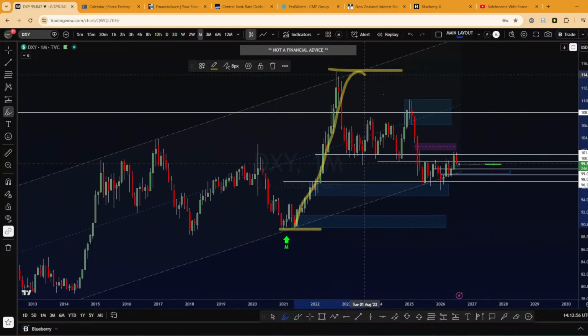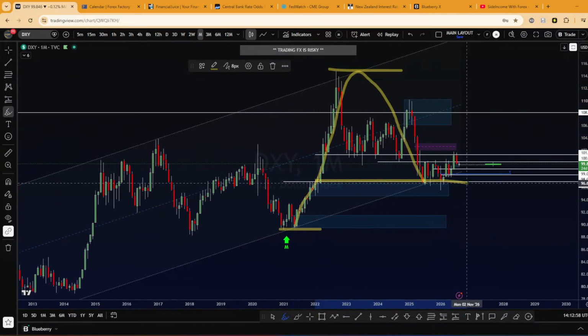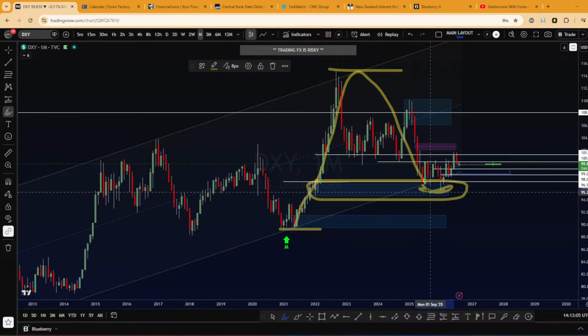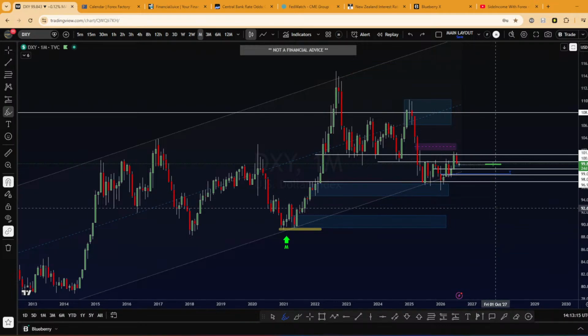We see that price retraced around this discount zone, pretty much around this demand zone. You see how price holds perfectly. So in the long term, I still want to see price push. This is my long-term bias.